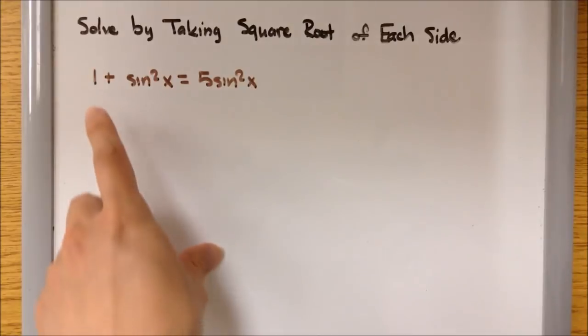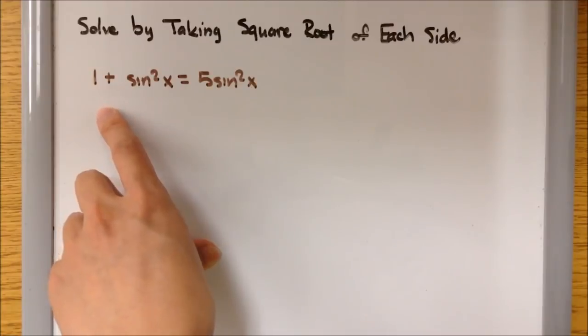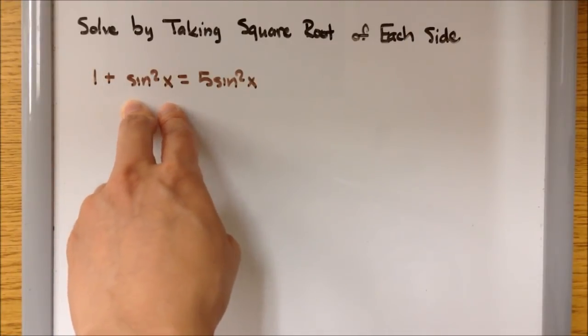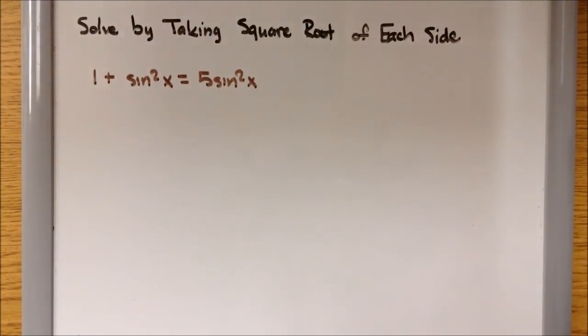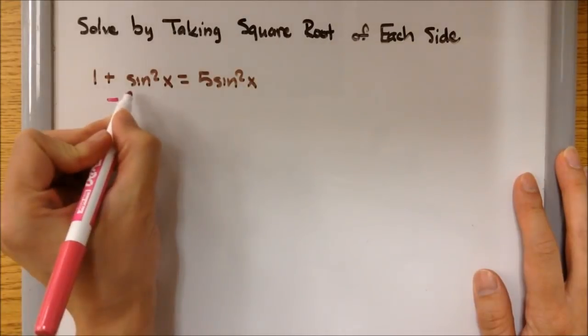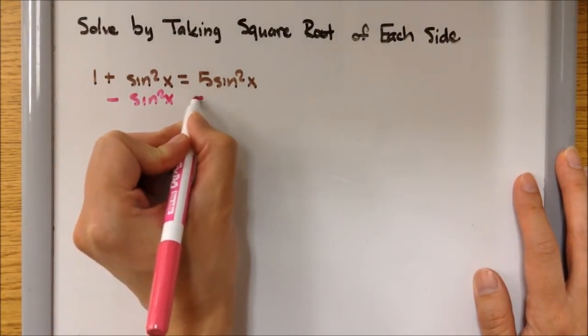Now taking a look, we see that there's only one number, which is 1, and it's on the left side. So that means I'm going to try to get rid of sine square x from the left. So in order to cancel out sine square x, I'm going to write minus sine square x on both sides.